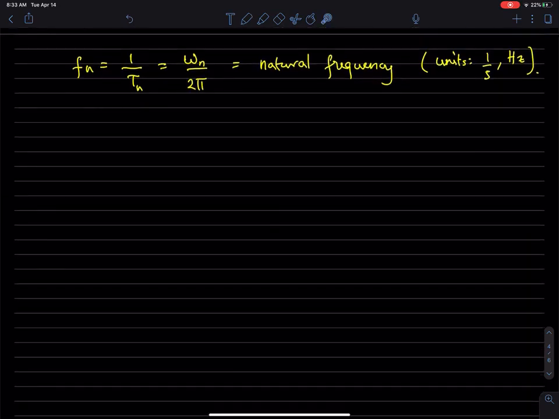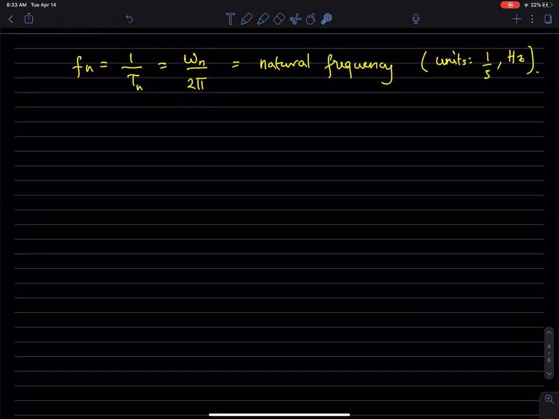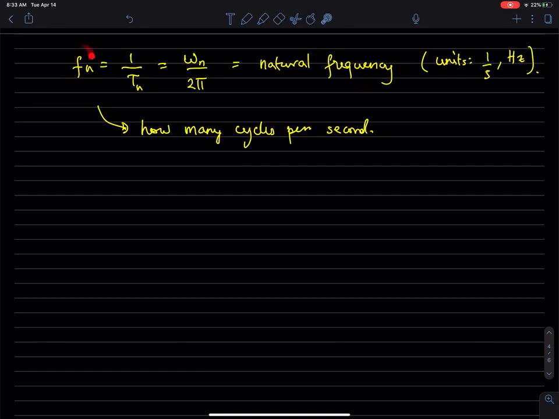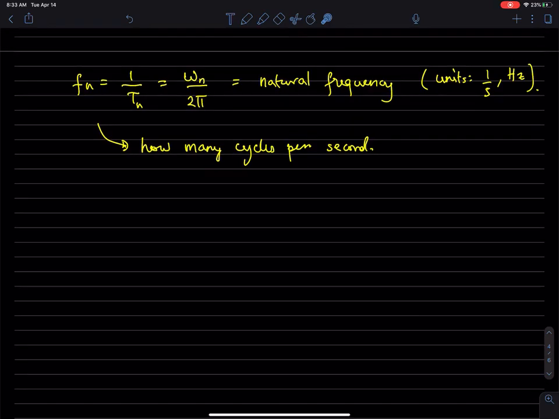This version of natural frequency is how many cycles per second. Omega n is also called natural frequency, but it would be called the natural angular frequency perhaps.